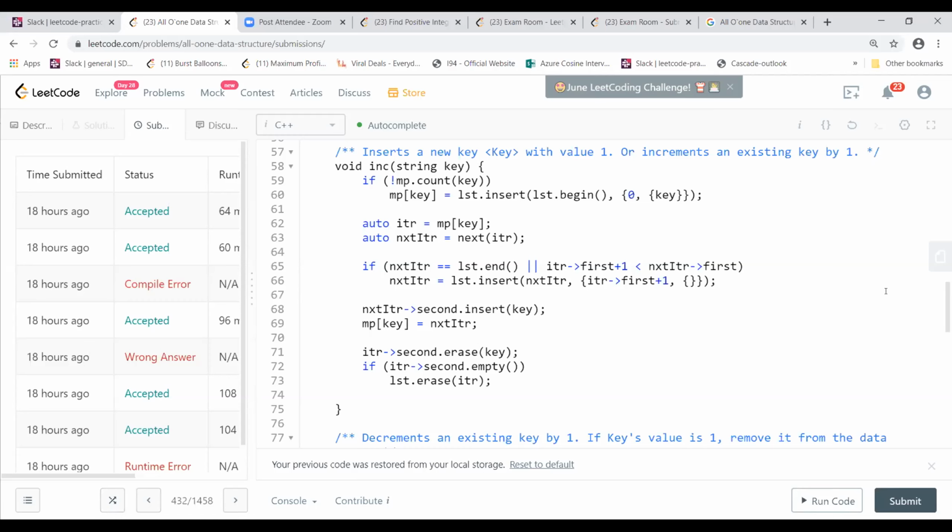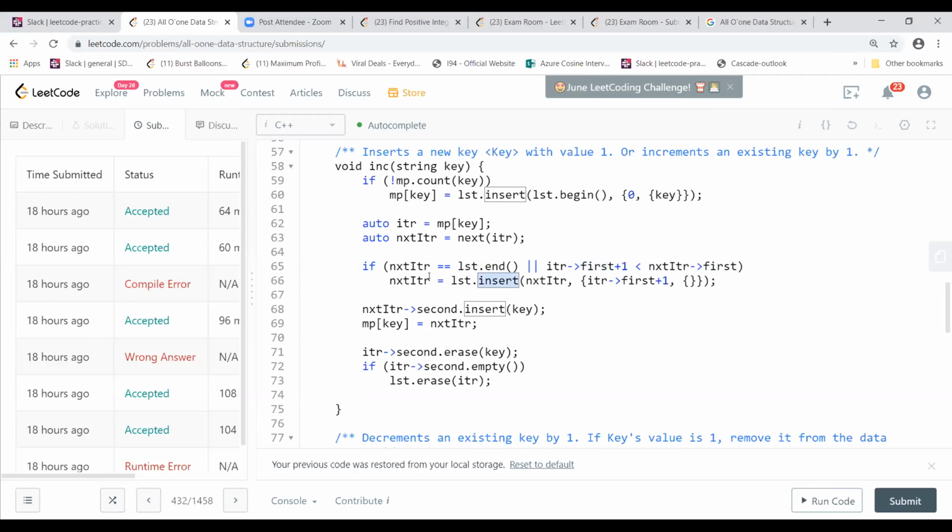So here actually you find that iterator. You just store this value because you get that in O of 1. And then you go and find the next iterator because you want to push this in the next bucket, correct? So therefore you have this next iterator here. But when you are finding this next iterator, you don't find it because you go to the end of the list. Or if the current iterator's value doesn't have the next iterator bucket, then you have to create the next iterator bucket.